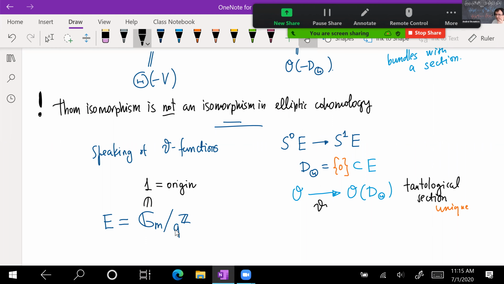Moreover, if you allow yourself a square root of your variable x, then you can normalize it, like in red, so that it's an odd thing. The divisor itself is centrally symmetric. If you take your elliptic curve and take minus, the 0 divisor stays put, but the section changes sign.